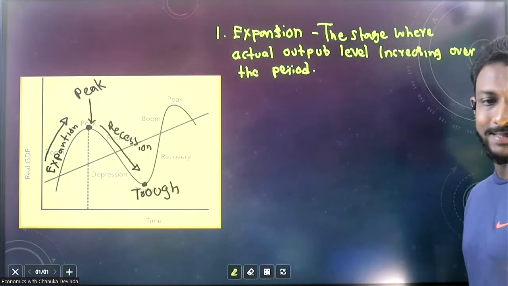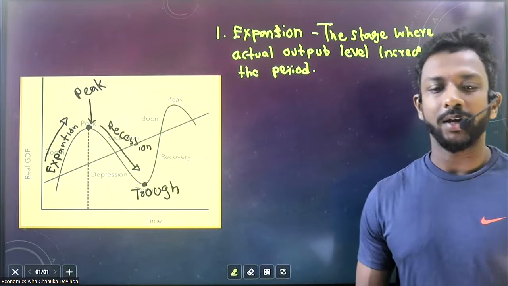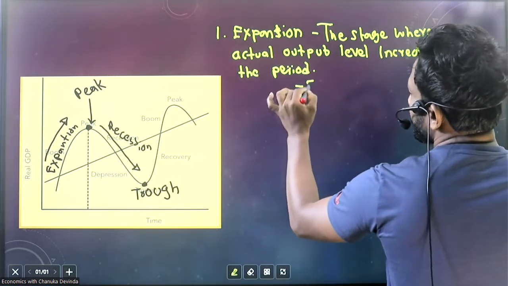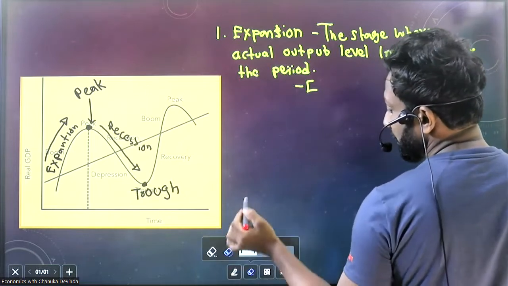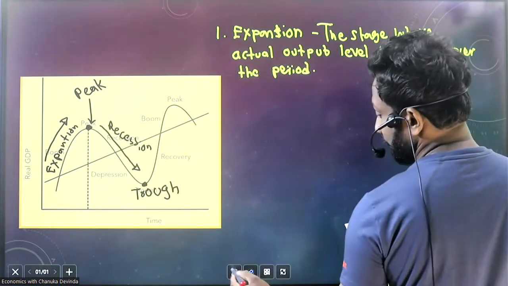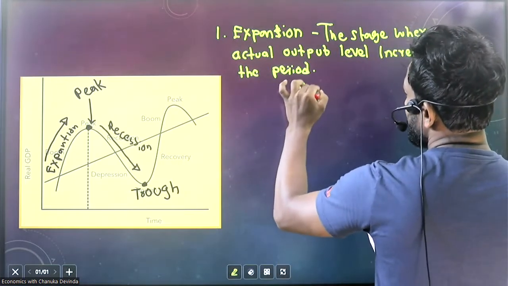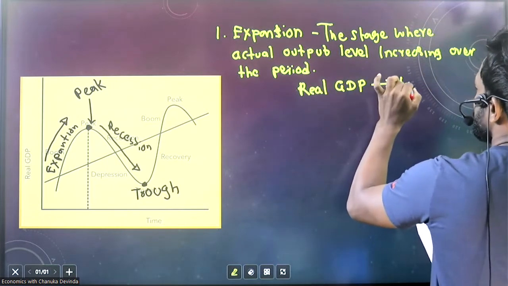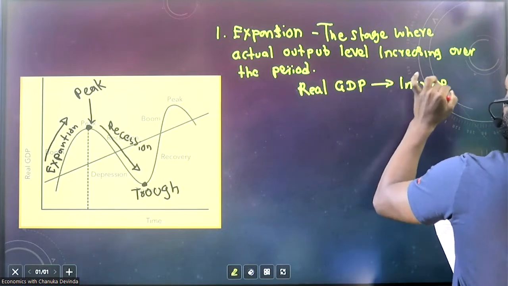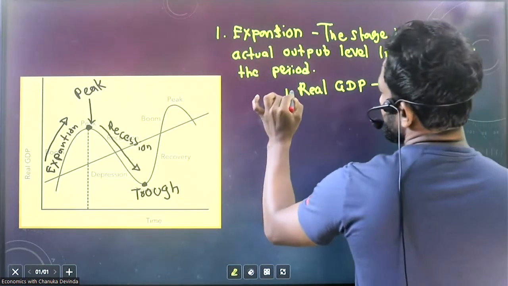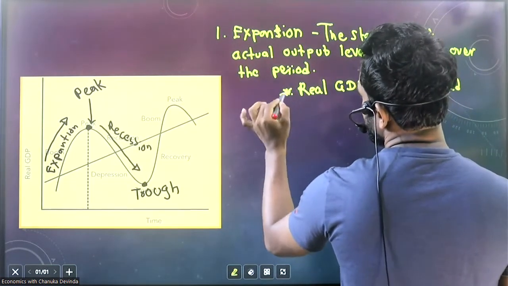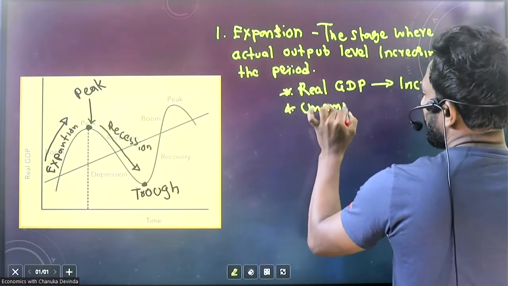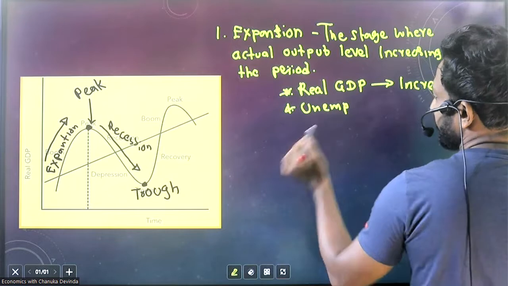What are the characteristics of this stage, expansion? The economy will grow, which means real GDP will increase. Second, unemployment will reduce and employment will increase.